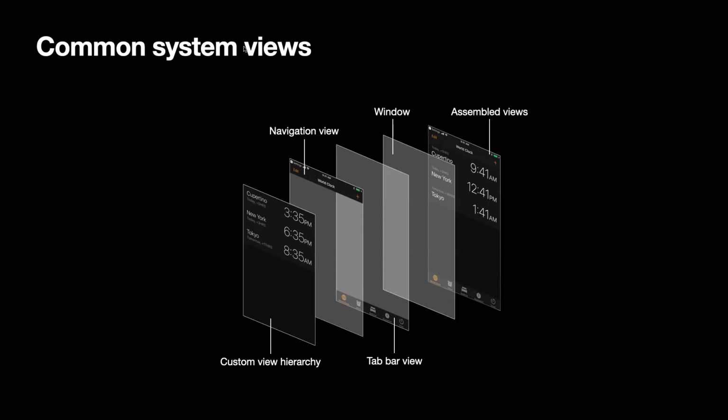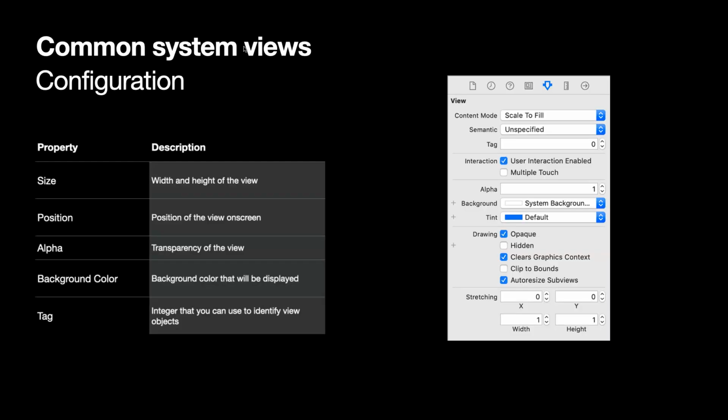To display a view on screen, you need to give it a frame, which consists of a size and position, and then add it to the view hierarchy. So these are some of the more important properties of a view.